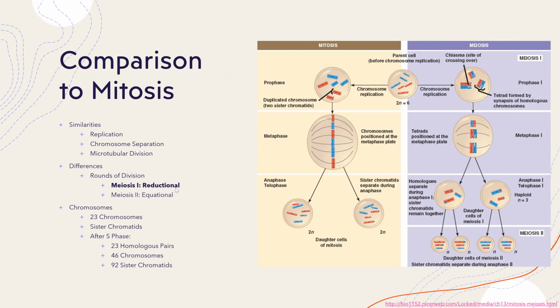So we have reductional division for meiosis 1. And what that means is we get the ploidy, or the 2n state of the cell, down to n, where you only have one copy of each chromosome.